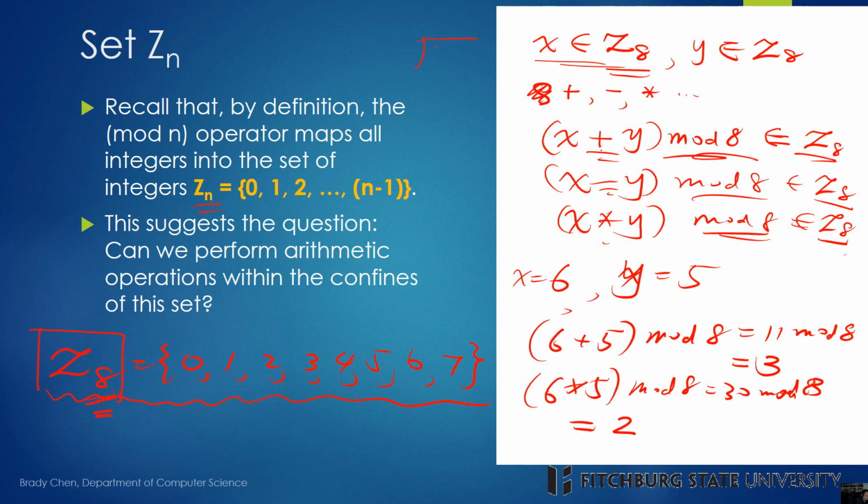Let's see. 30 mod 8. 3 times 8 is 24, so we got 6. So it's 6. So if x is 6 and y is 5, both elements of Z8, the result of the multiplication with the modulo 8 operation is still in Z8, right? So we can define the operations such that the result is still in this set.